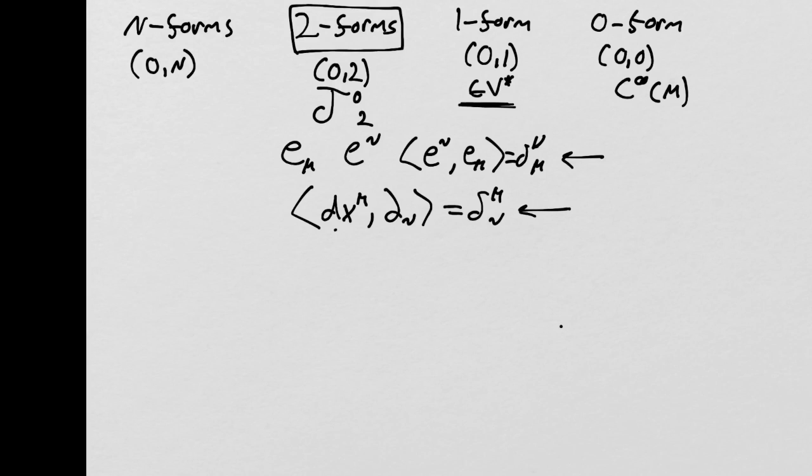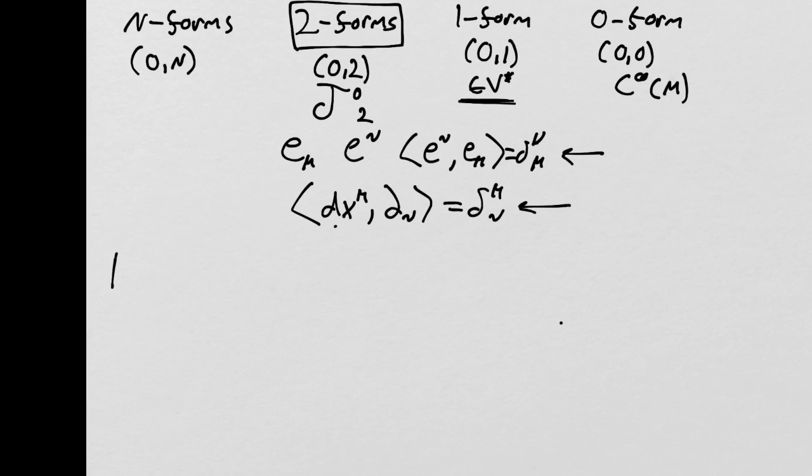As a reminder, if a two form is a 0-2 rank tensor, that means necessarily that whatever it actually is, we must be able to express it. Let's say the two form itself we call omega. We must be able to express omega in the following way: omega mu nu dx mu dx nu.